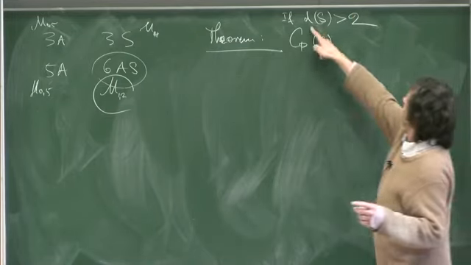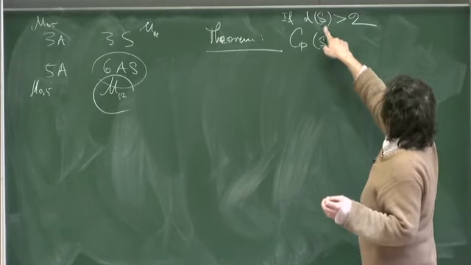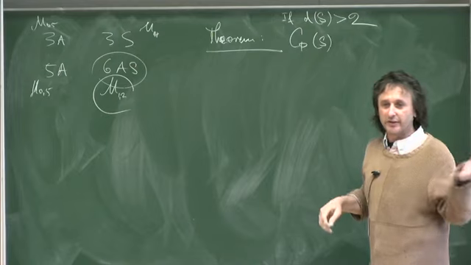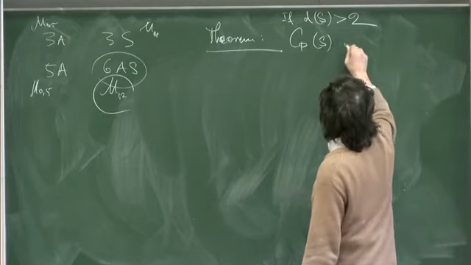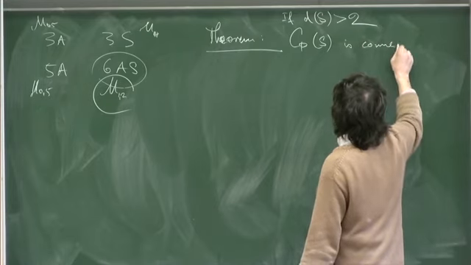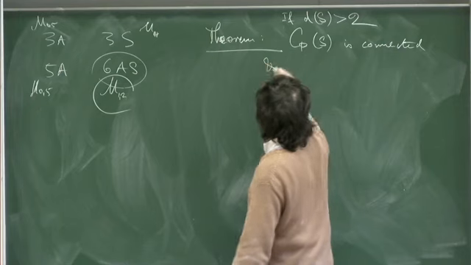D of S means modular dimension. S is S_{g,n}, and D of S is 3g minus 3 plus n. If D of S is bigger than 2, C_P of S is connected and simply connected.